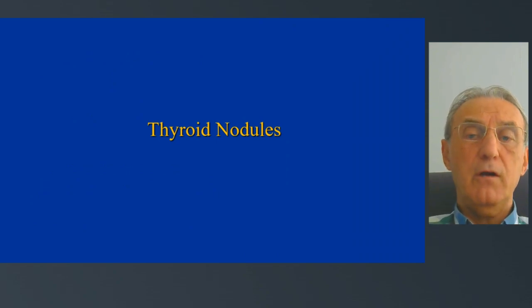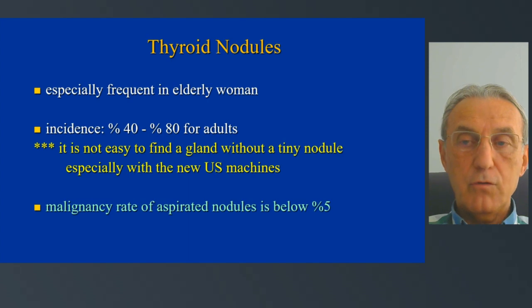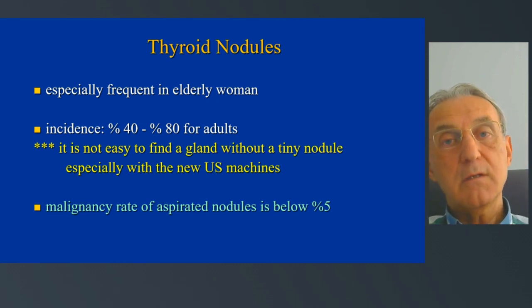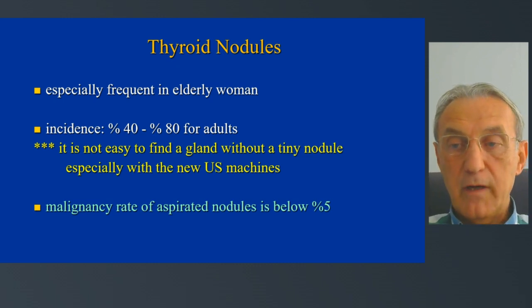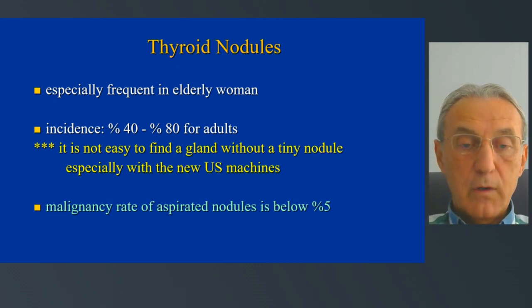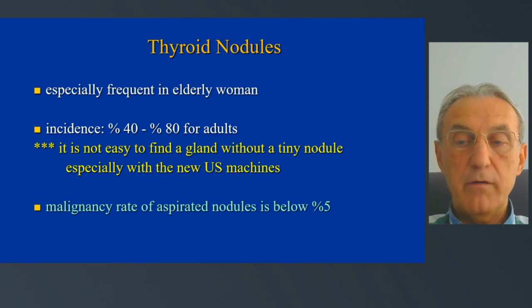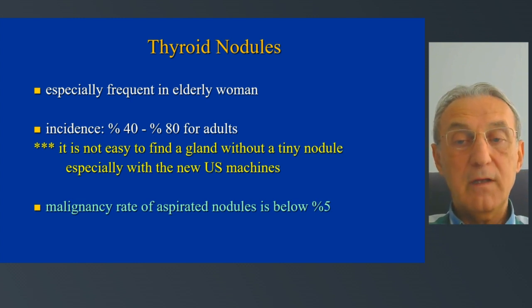What about the thyroid nodules? If we come to the thyroid nodules, we know that they are especially frequent in the elderly women. The incidence is said to be between 40–80% for adults. But we know that with high capacity machines, high resolution ultrasound instruments, it's not easy to find a gland without a tiny nodule, without a colloid focus.